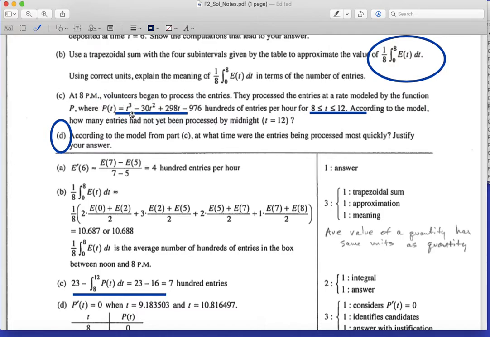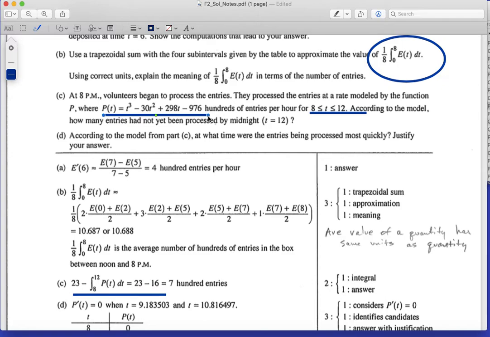That's the rate of change, how fast entries are being processed. This wants to know when is how fast going the fastest. In other words, this is a cleverly described absolute maximum problem. You want to find the absolute maximum of the function p between the times 8 and 12.